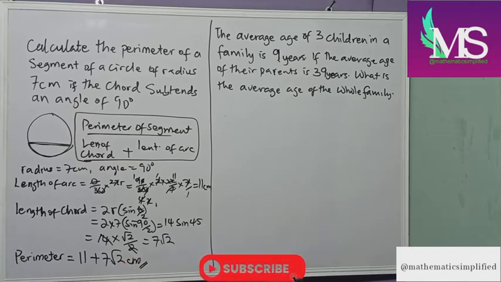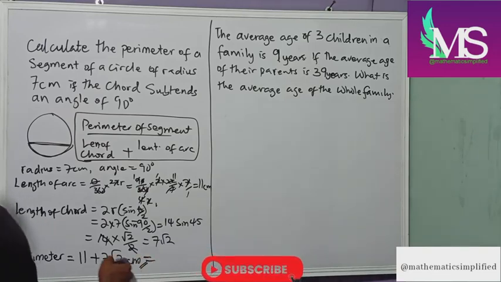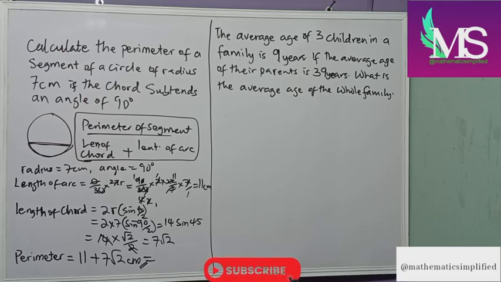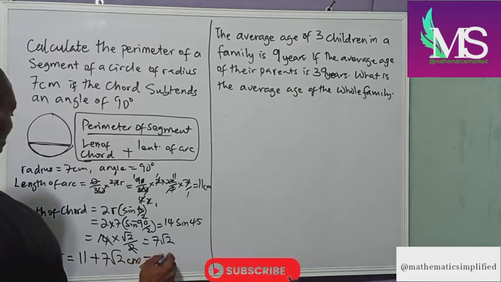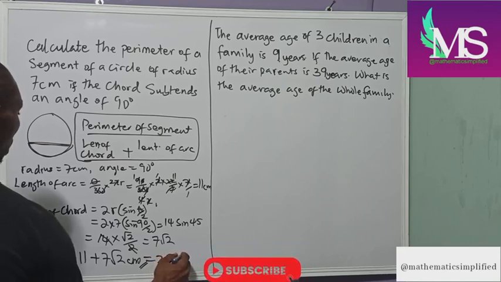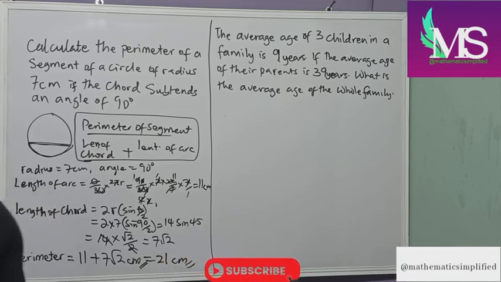If we open this up, 11 plus 7 root 2 gives about 20.9. Roughly, to the nearest whole number, 21 centimeters will be the perimeter of the segment.